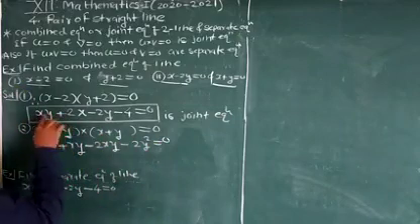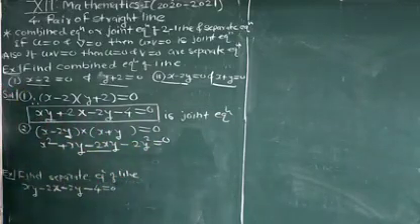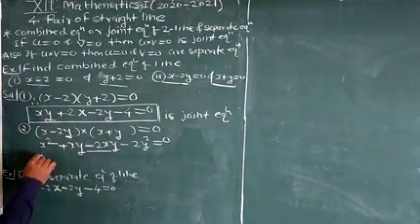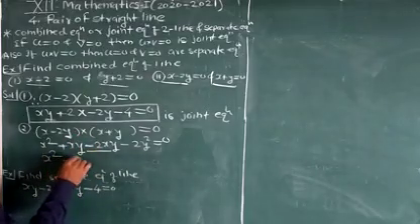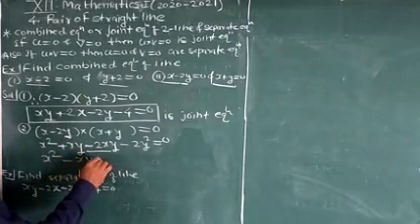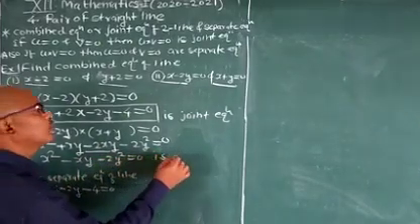Here all four terms are present, but two terms have the same variables, xy and xy, so we have to add their coefficients. So x square as it is, plus xy minus 2xy means minus xy, minus 2y square equal to 0. This is the joint equation.